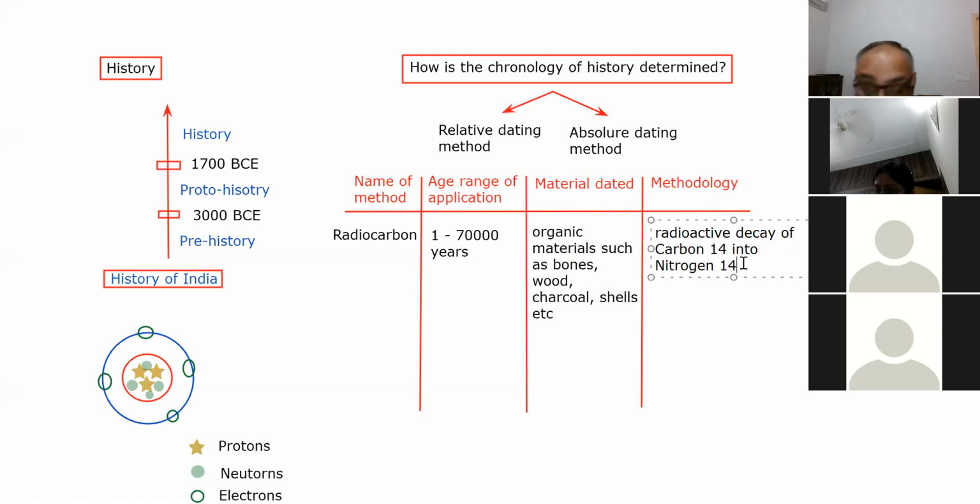It means its conversion in organic matter after removal from the biosphere. So how much time does it take? It is on this basis that we determine the age of these things, bones, wood, charcoal, shells, etc. So this is the one method which is called the radiocarbon dating method.